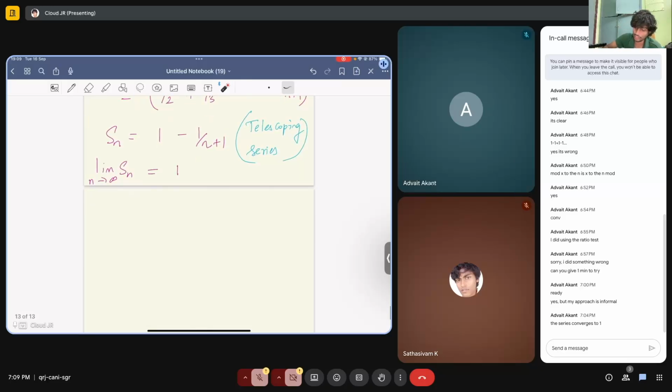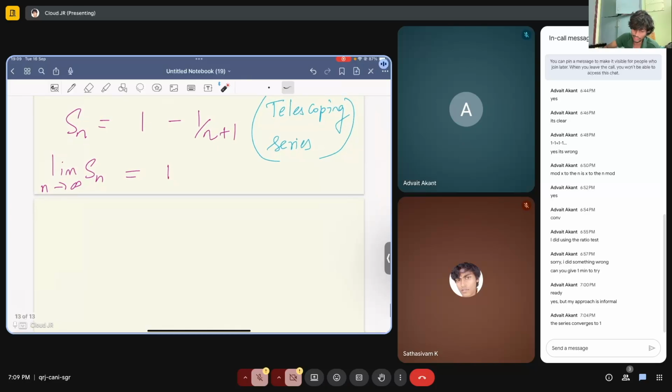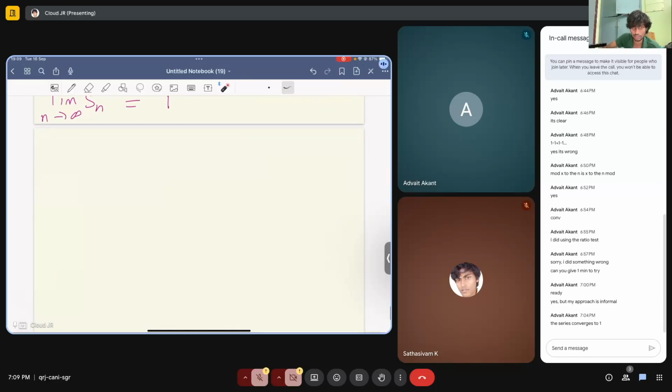Okay, so we have done the ratio test and root test. There is an integral test also, which I may not write here. Maybe if you want, I can just write the statement here instead.